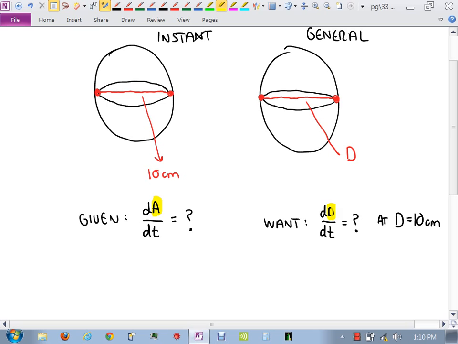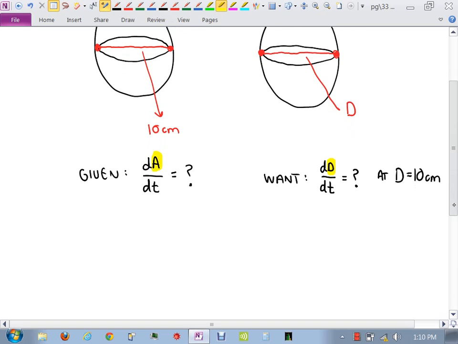I go back to my formulas, and the only formula I have in the book under sphere says the area of a sphere is equal to 4 pi r squared.